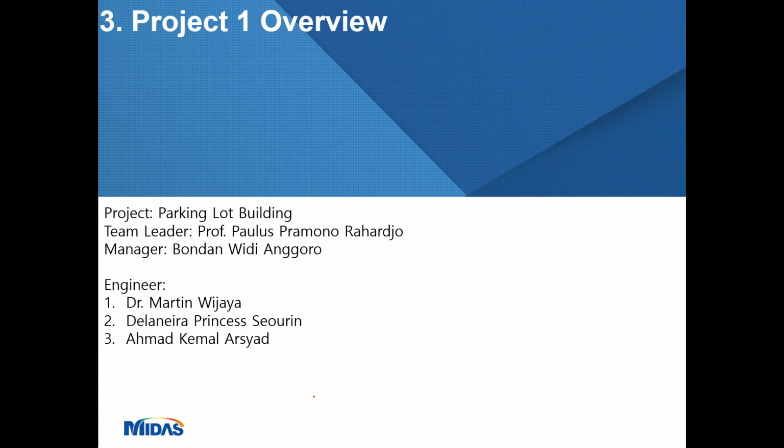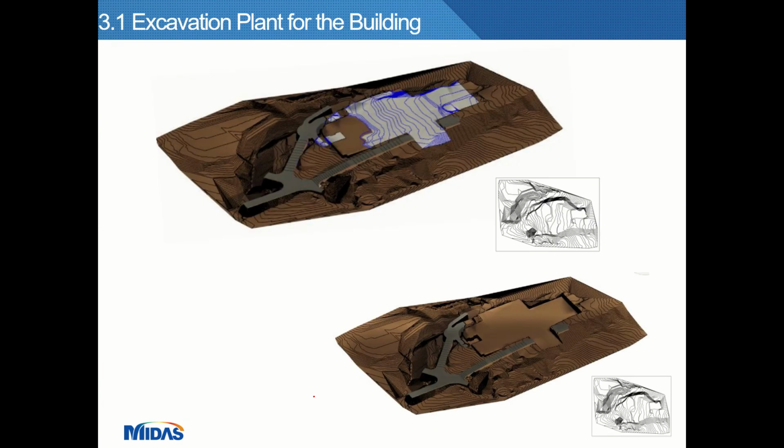Now let me introduce what exactly we are trying to do. There are times where we have a building on top of a mountain. This is the contour. And we just want to cut this area, and we want to put some fill as well.